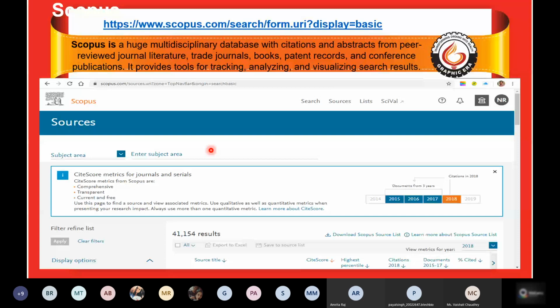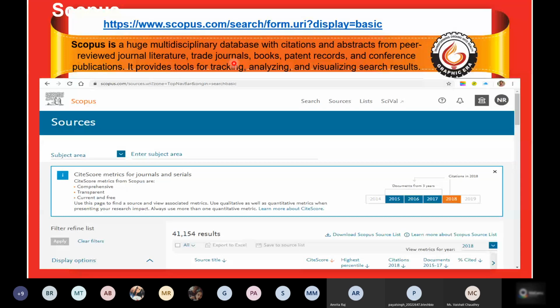So Scopus, this is the link. Scopus is a huge multidisciplinary database where you will find abstracts from peer-reviewed literature. All the reputed journal publications are available in this database.